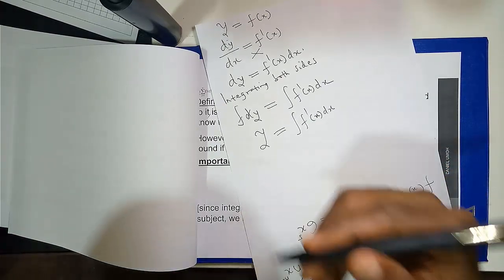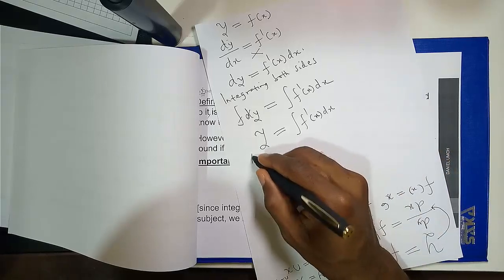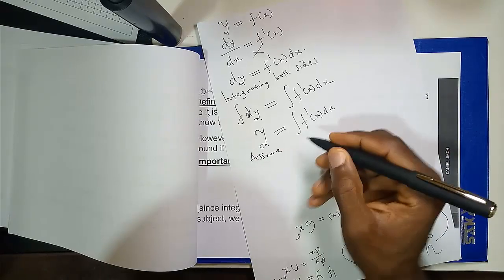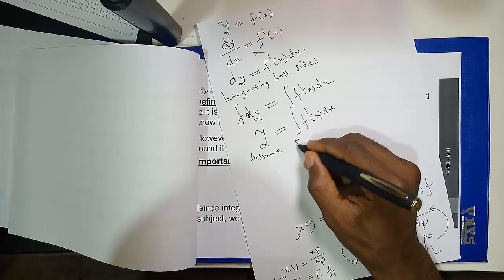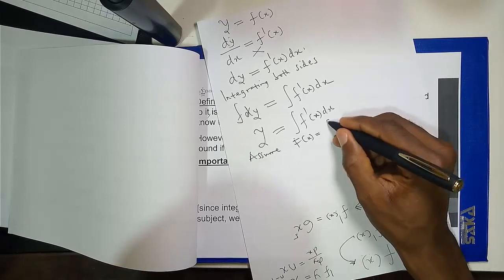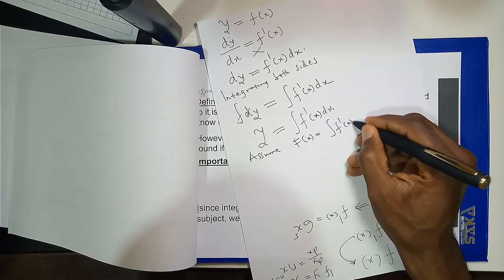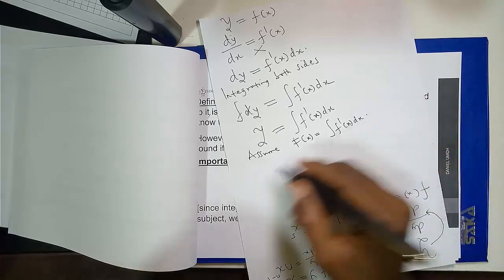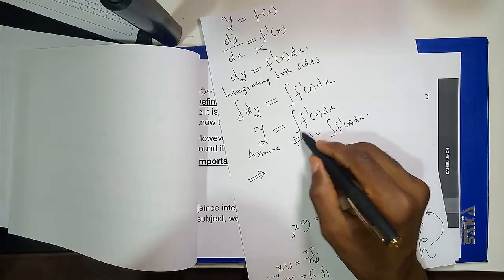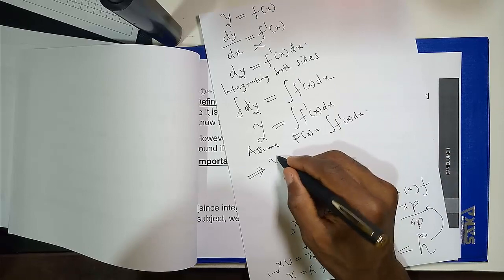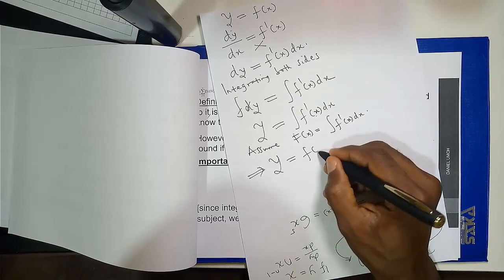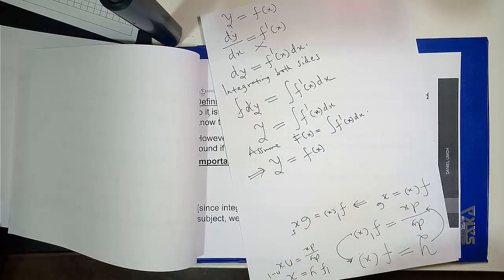Now, let's assume that f of x is equal to the integral of f prime of x dx. Then, when you replace this with this, we have y equals what? F of x, the original function given.